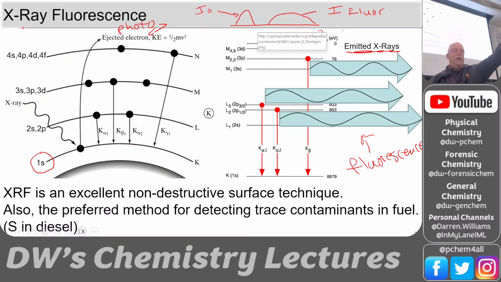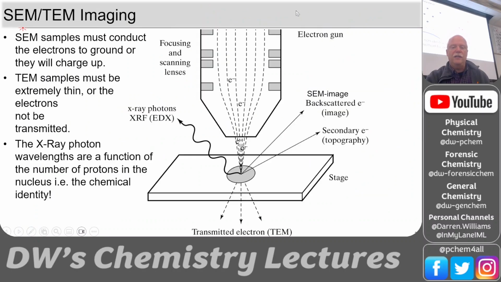Because the incoming X-ray had enough energy to kick the electron completely out of the atom, so that's got to be really short wavelength. The longer wavelength would be electrons just jumping from the 2 shell or the 3 shell. That's not from the outside world, that's just within the atom, so it's got to be longer wavelength. This is great for trace detection of elements.